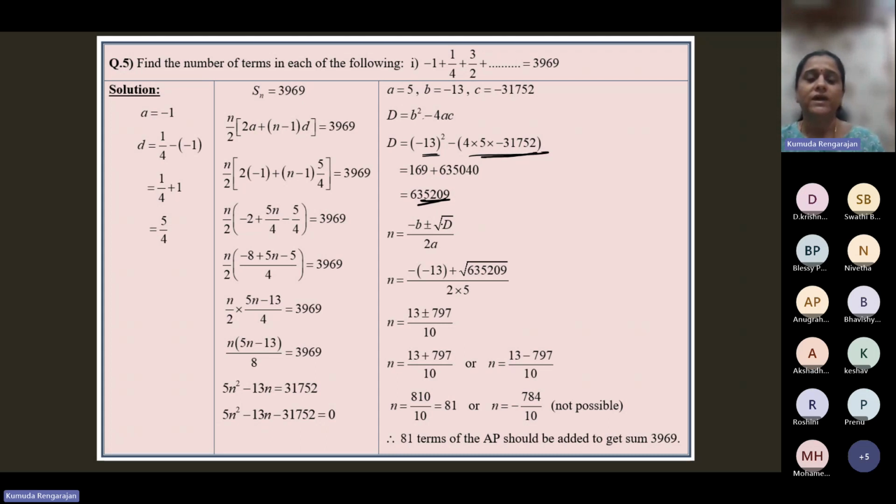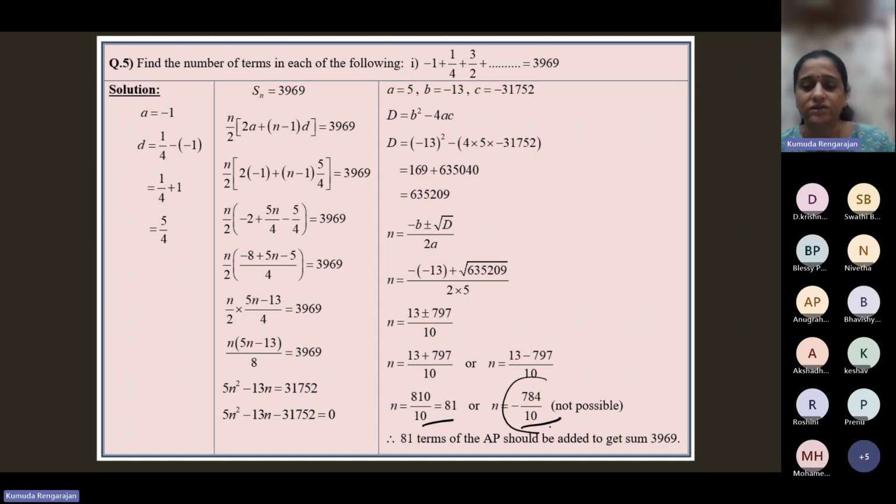It's this number. Now n is equal to minus b plus or minus root d. Instead of writing b square minus 4ac, which is d, the discriminant, we write plus or minus root d by 2a. So now substitute the values and you get these two values for n.